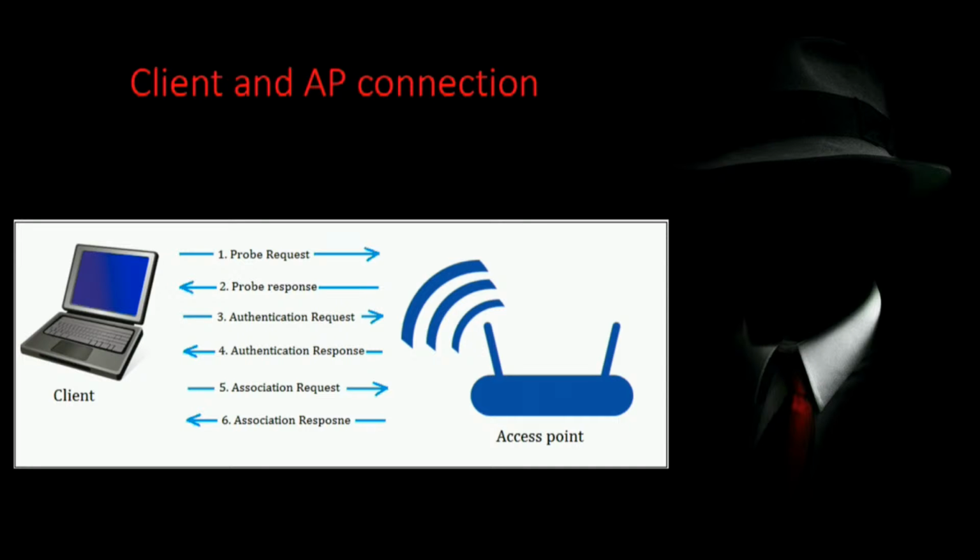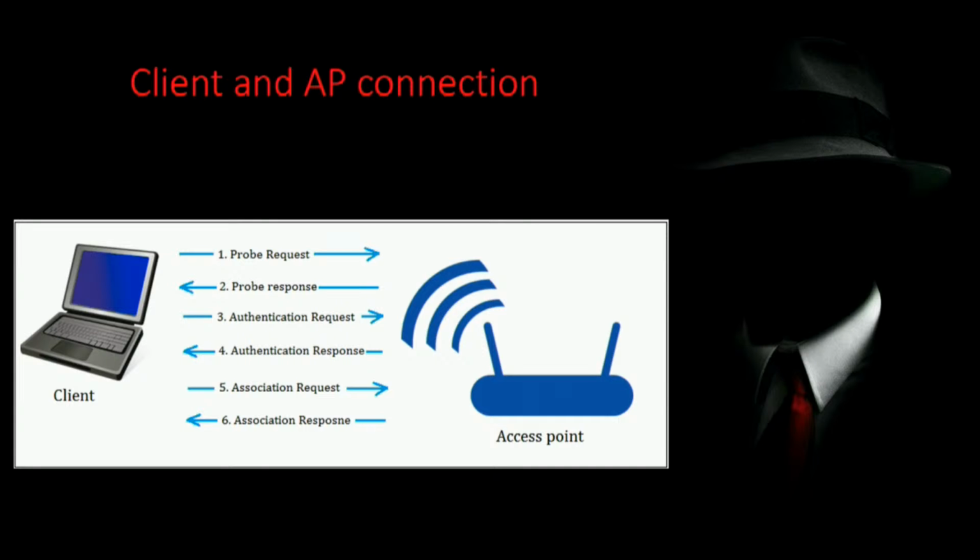Once it finds it, your access point will send a probe response with the SSID or network name. And then you start sending an authentication request, and it will reply back with an authentication response, and then an association request, and then an association response.